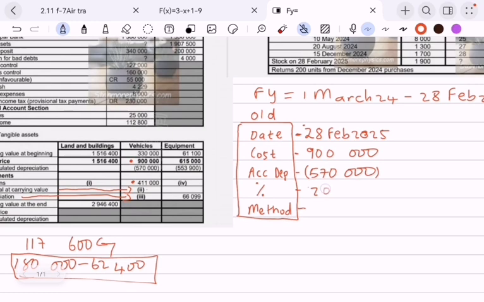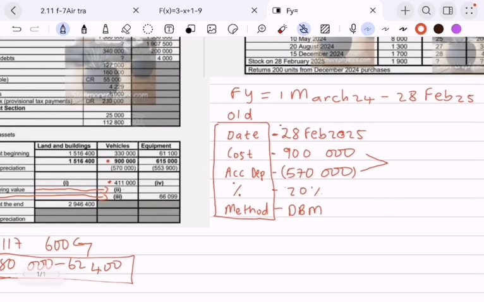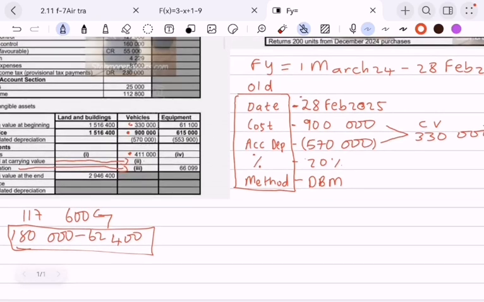Your percentage, we were told that it was 20%. In the method, it was still the same, diminishing balance method. And if you were to say your cost minus your accumulated depreciation, then in an instant we would get our carrying value, which we were given there, that is 330,000. Simple and easy, just like that.